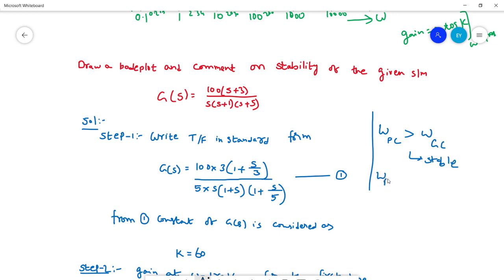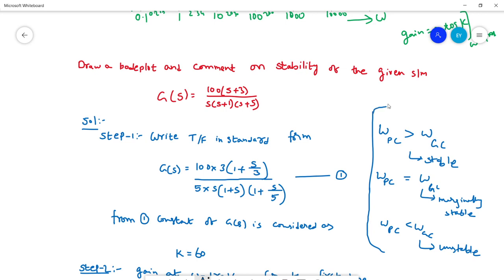When omega pc is equal to omega gc, the system is marginally stable. When omega pc is less than omega gc, the system is unstable, right? These are the conditions for stability using a Bode plot.